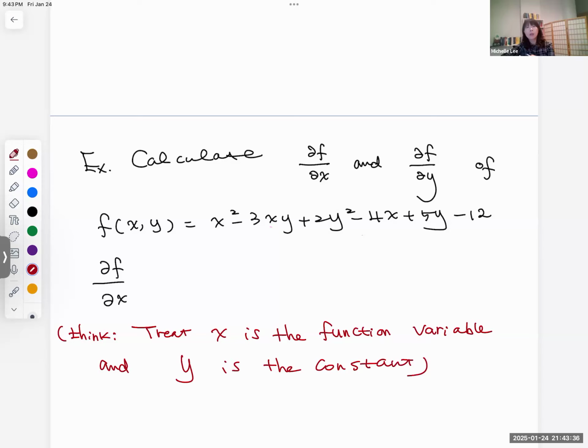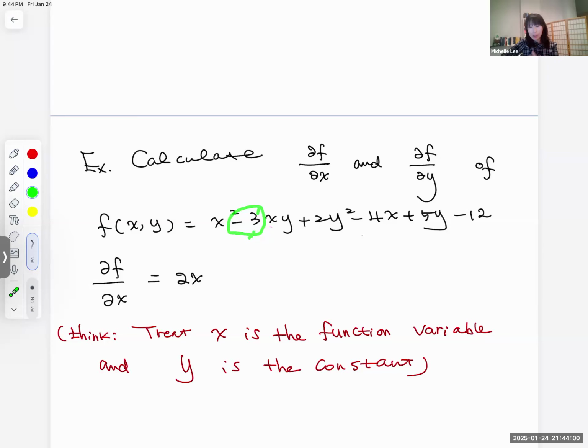All right. Okay. So we want the derivative of x squared. What do you get? 2x. Very good. 2x. We want the derivative of negative 3xy. Well, y is constant. We have a negative 3, so we are constant. So we keep that, right?